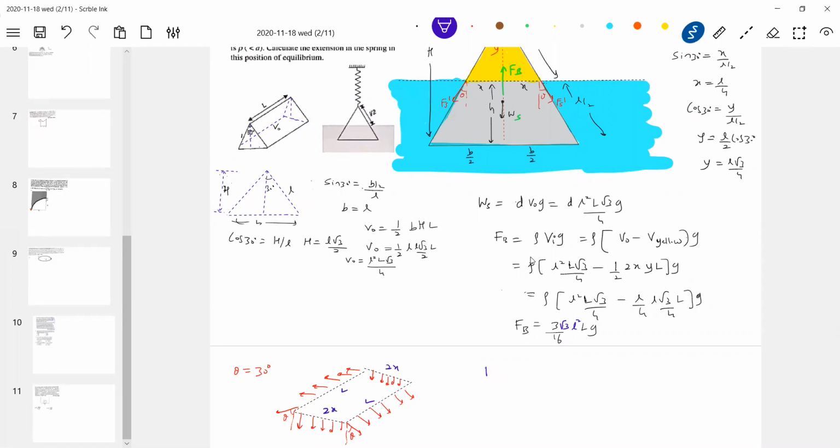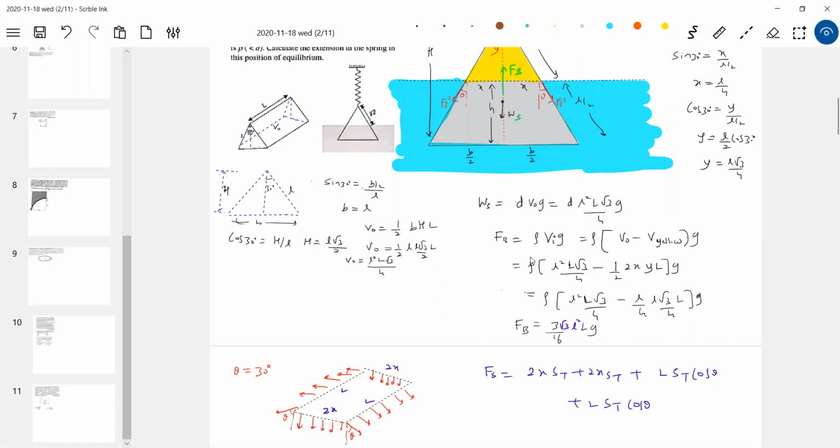Force due to surface tension should be equal to 2x S_T, plus 2L, this will be L S_T cos theta, and this will be one more L S_T cos theta.